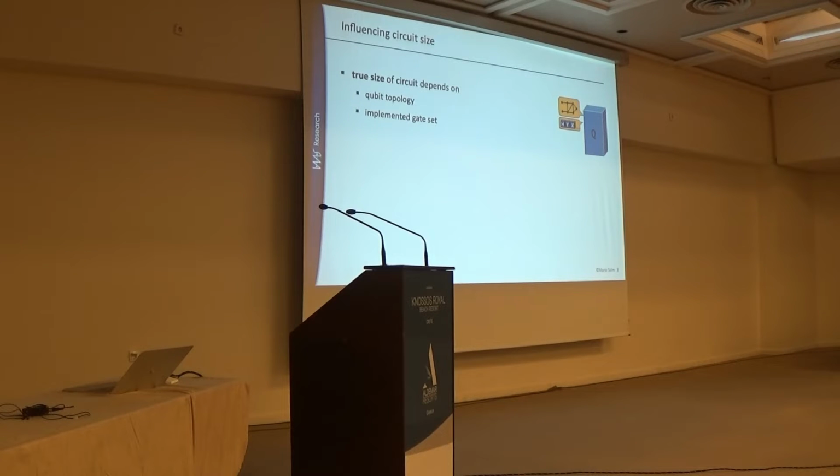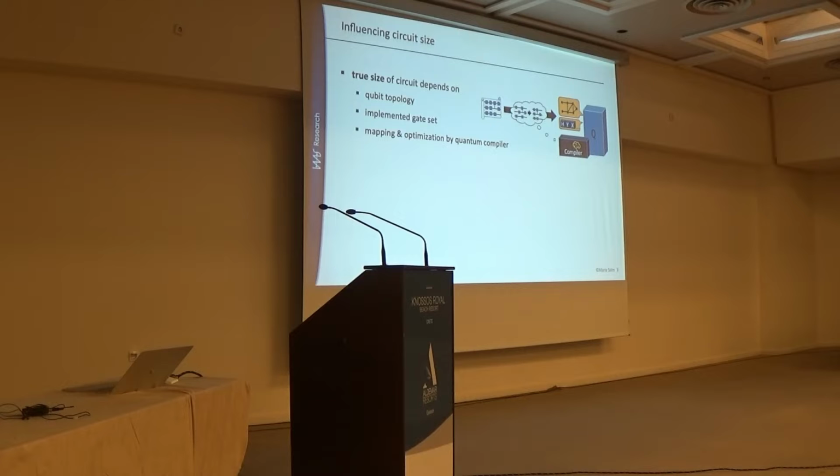So therefore, before executing it, we have to map our gates onto the gates of the quantum computer. And this also changes the circuit size, and in most of the cases it increases, for example, the depth of the compiled quantum circuit. But, this mapping on the quantum computer is done by a quantum compiler.